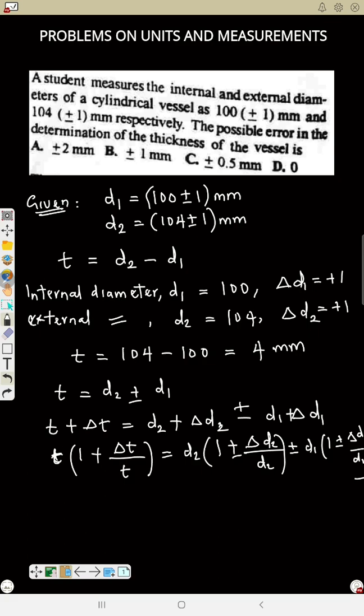So we also expand, so this is T times 1 plus delta T over T is equal to D2.